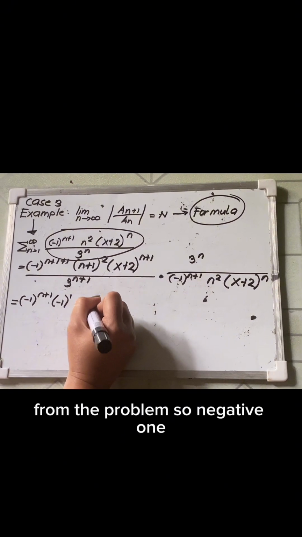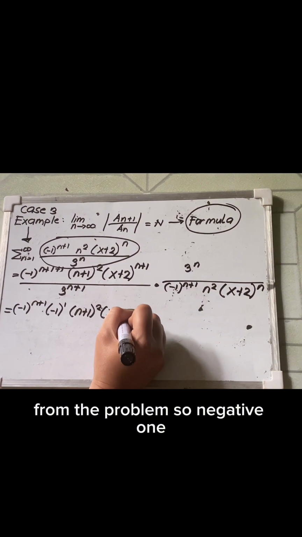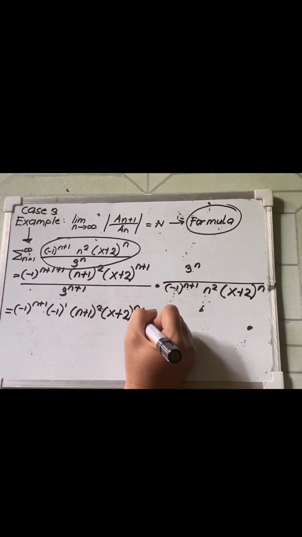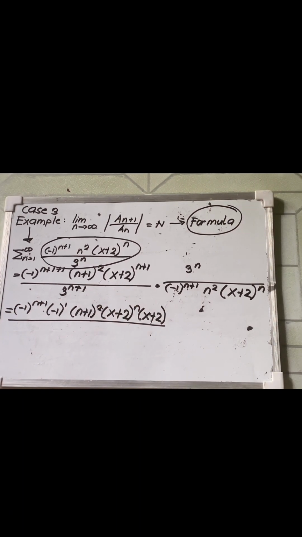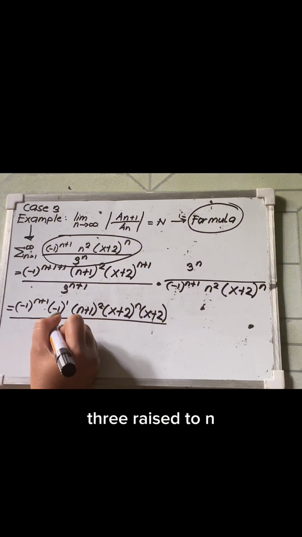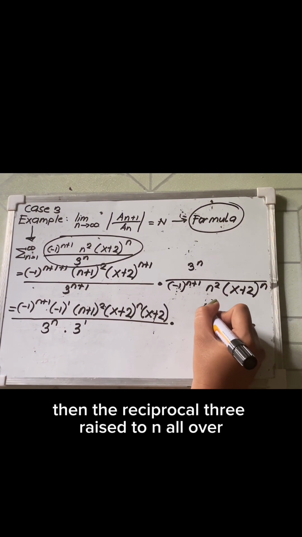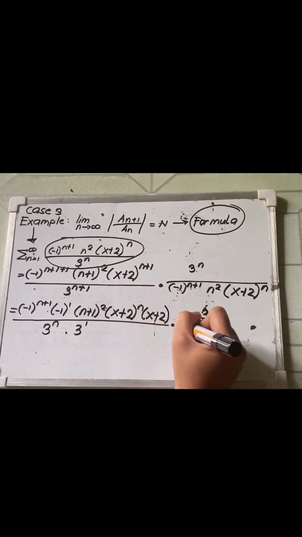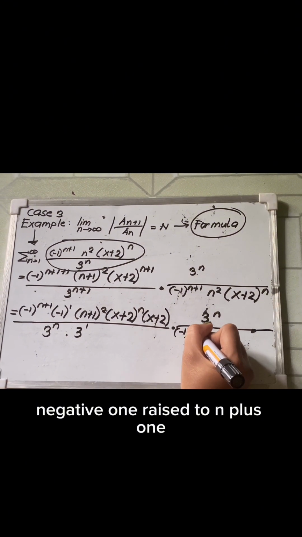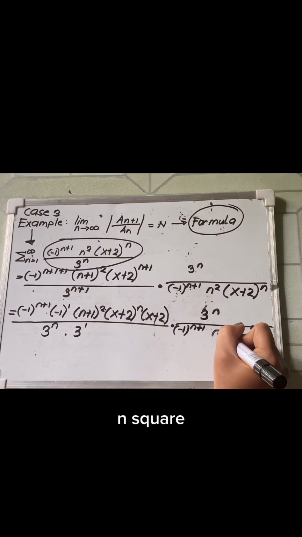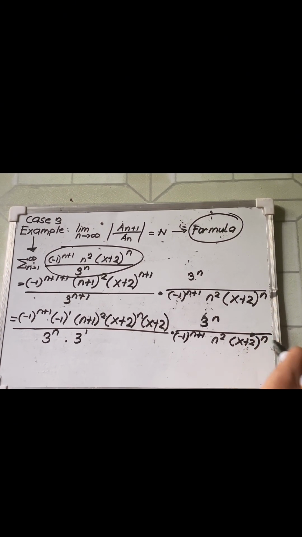So, negative 1 raised to n plus 1, then negative 1 raised to 1, n plus 1 squared, then x plus 2 raised to n, and x plus 2 raised to 1, all over 3 raised to n times 3 raised to 1, then the reciprocal, 3 raised to n all over negative 1 raised to n plus 1 times n squared times x plus 2 raised to n.